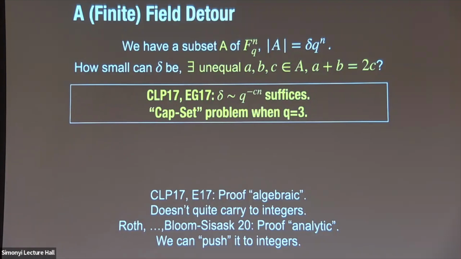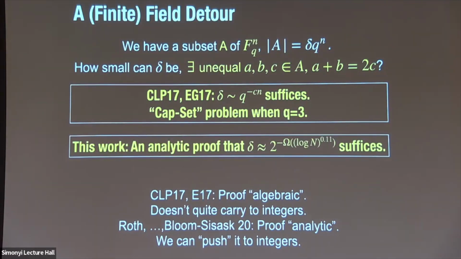Whereas the previous techniques of Roth, Bourgain, Sanders, Bloom and Sisask, and so on, use analytic methods, meaning they work with Fourier coefficients, Fourier analysis, and so on. And more or less, especially given Bourgain's work, it set a template for doing stuff over finite fields and pushing it to integers. So all of these analytic proofs can be pushed to integers with extra non-trivial work.